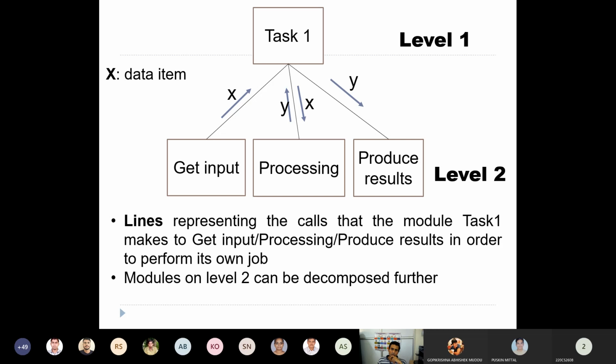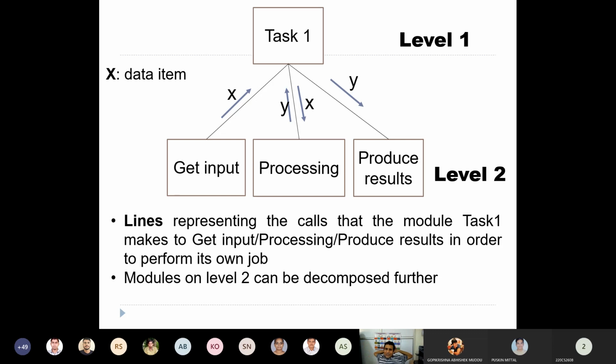So this particular module is sending X. Now this X is sent to the processing module, and the processing module processes this X and in return gives Y back to task 1. Task 1 wants to display the processed data, so this Y will be sent to the produce results module, which will display the data Y. So it takes X, does some processing, gives Y as a result, and this result is displayed.